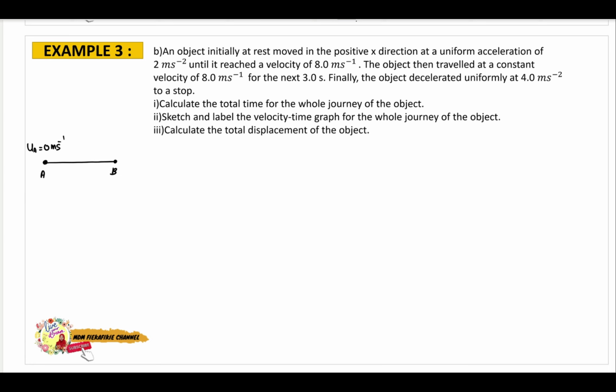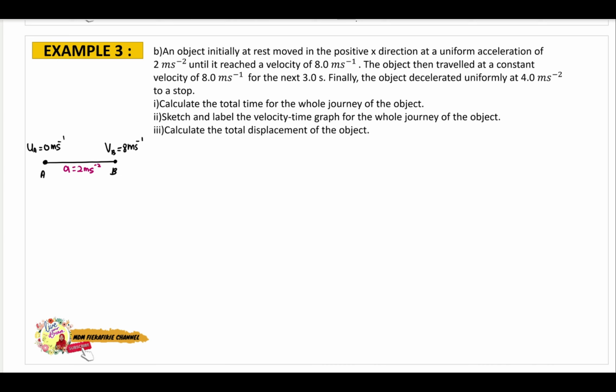The object is moving with acceleration of 2 meter per second squared until it reached point B, where the velocity at point B is 8 meter per second. So the acceleration is given as 2 meter per second squared.